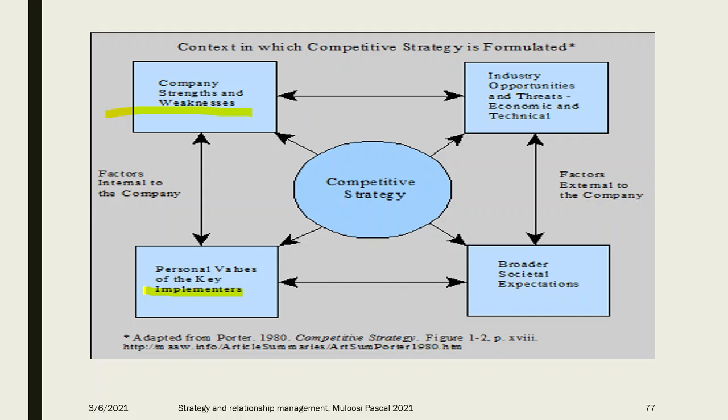If you're going to be a differentiator as an organization, there's some strength you need to have. You need to have availability of resources. You need to have skilled people who are flexible and agile. The competitive strategy is going to be determined by the threats you're facing and the opportunities in the industry.